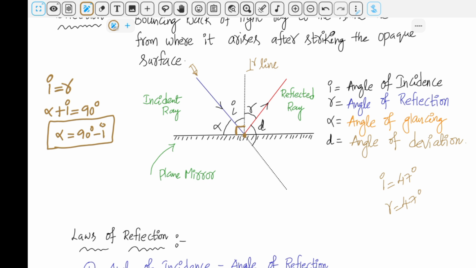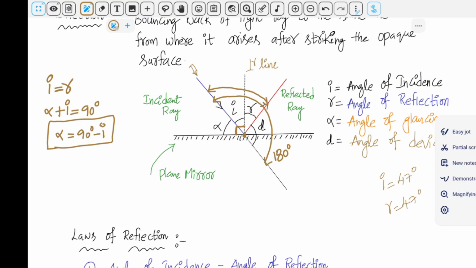Now we will try to understand what is the relation between angle of incidence and angle of deviation. From the diagram you can observe clearly that this total angle is 180 degrees. So from the total angle, if you subtract this angle, you will get the angle of deviation. So what is this angle? It is the sum of angle of incidence and angle of reflection.